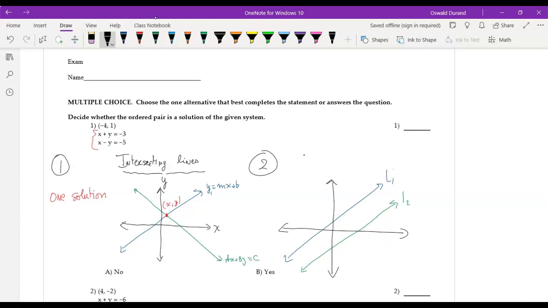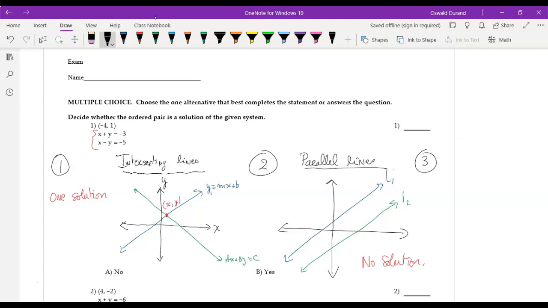So this is my second scenario, parallel lines. You notice that there is no intersection whatsoever. They never touch each other, so they have no relationship between each other. So in this case, there is no solution. Okay? So that's the second scenario.